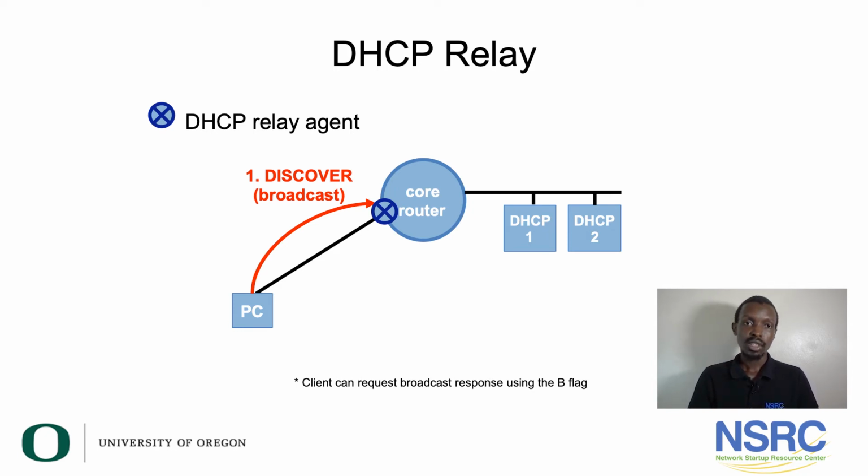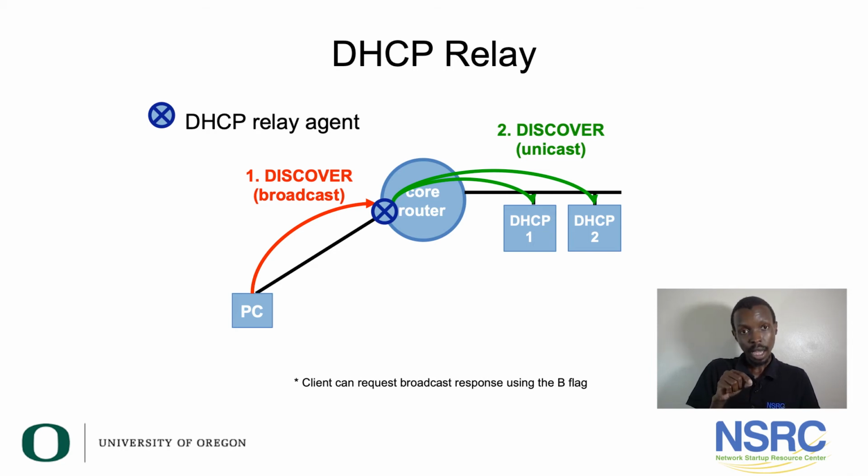When the relay agent sees the broadcast, it is going to unicast it to the DHCP servers. The source MAC address will be the relay agent itself, and the source IP address will be the IP address of the relay agent which is running on that particular subnet.